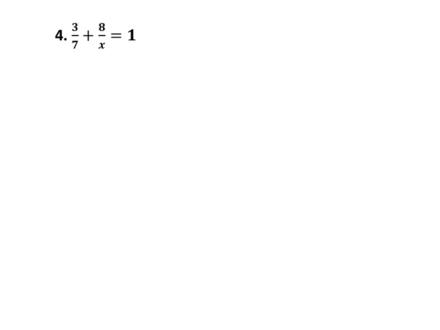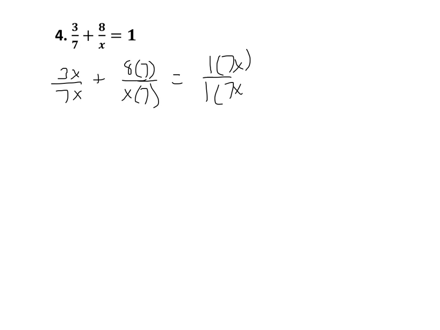So same thing. Now we got to get the common denominator. So you get 3 over 7 plus 8 over x equals 1 over 1. Multiply by x over x, 7 over 7, 7x over 7x. So you get 3x plus 56 equals 7x. Now see how they're all divided by 7x?